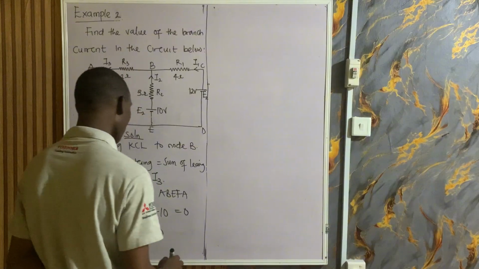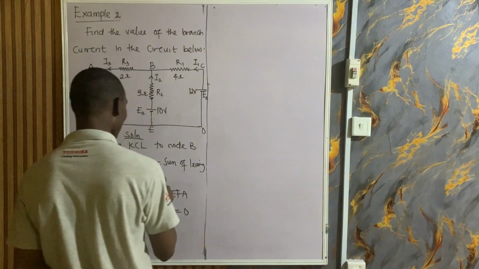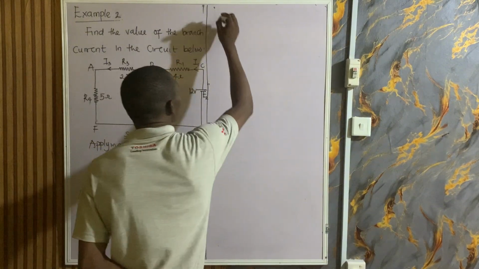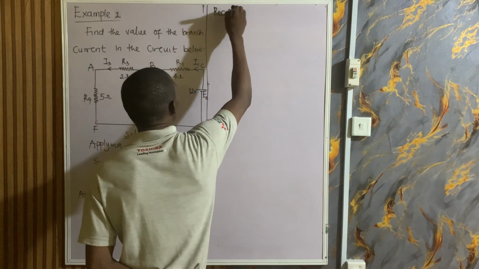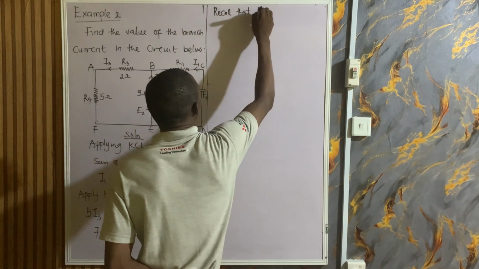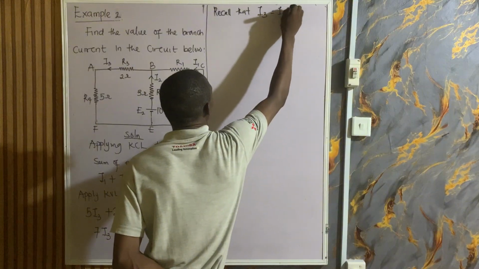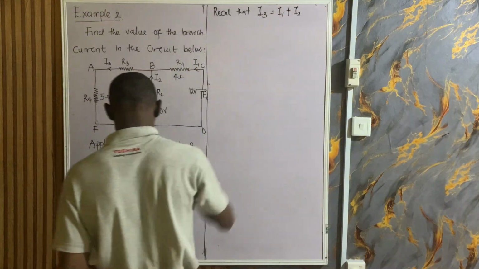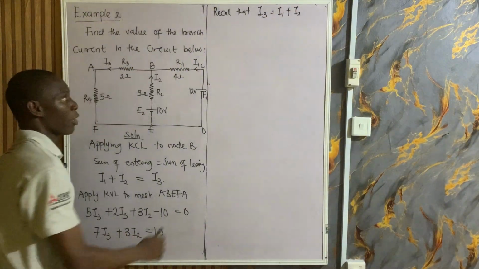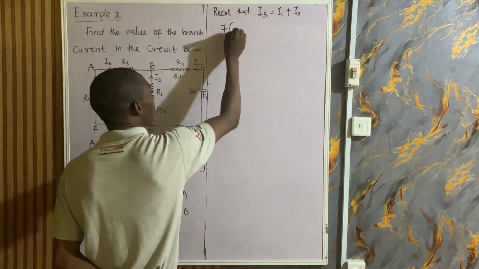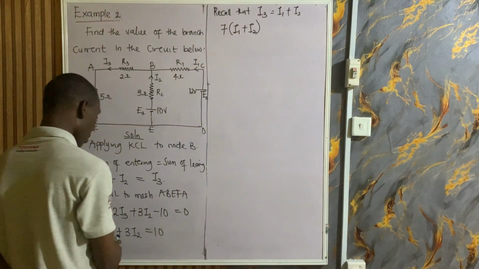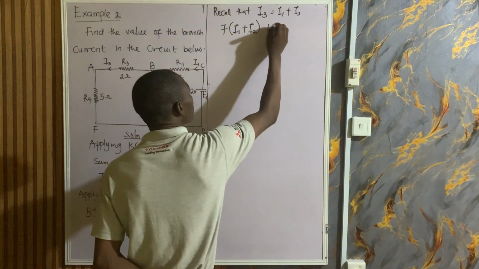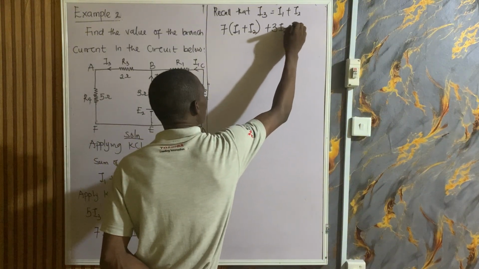Then remember that I3 is I1 plus I2. So this 7I3 becomes 7 into I1 plus I2, then plus 3I2 is equal to 10.